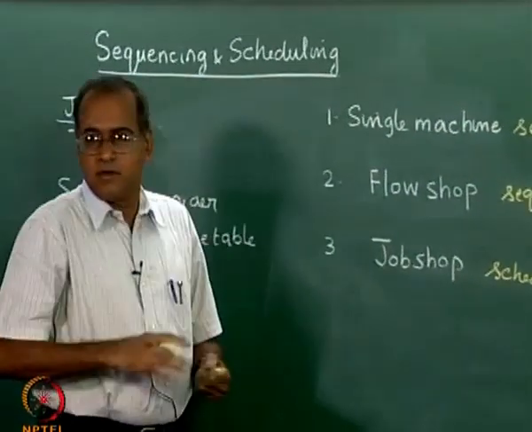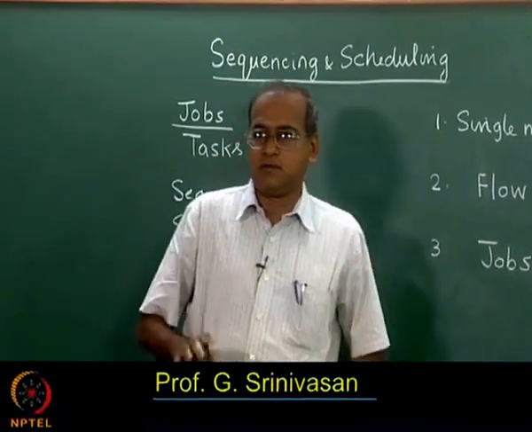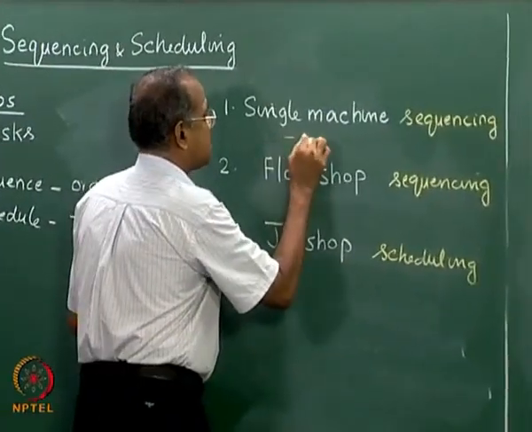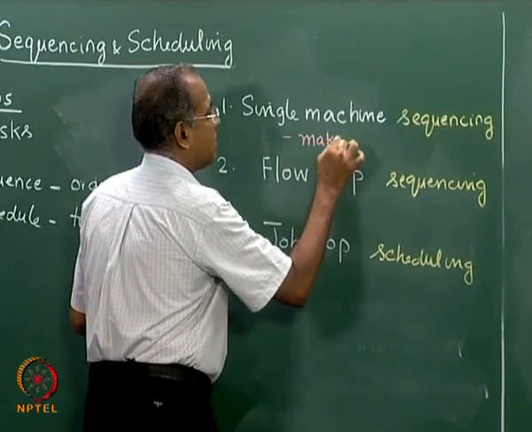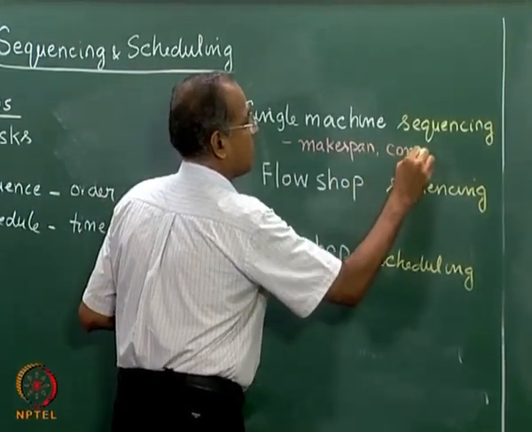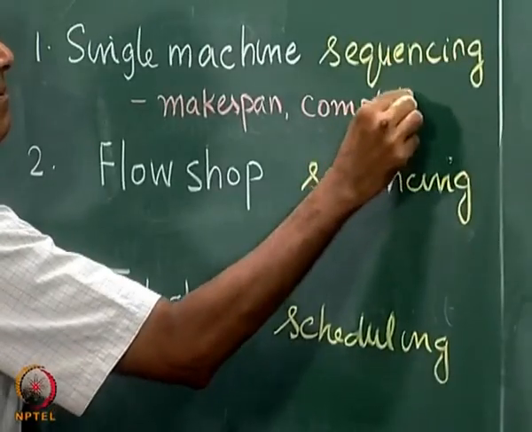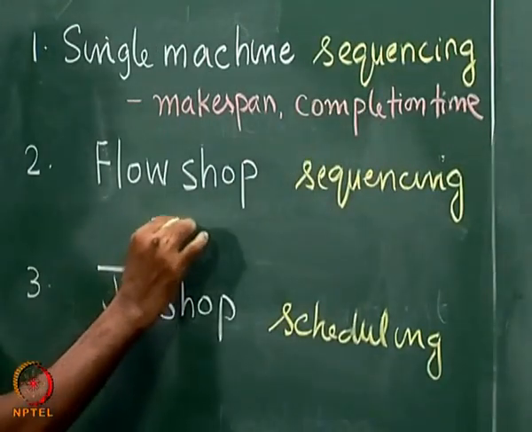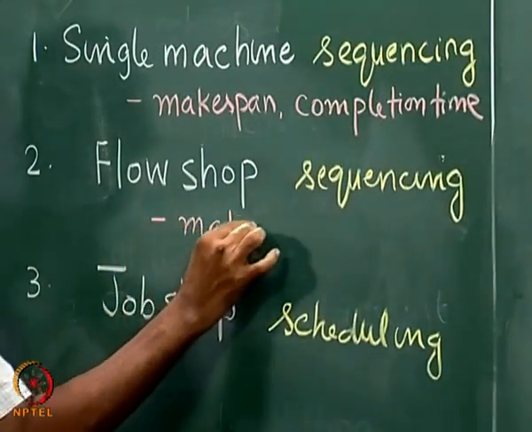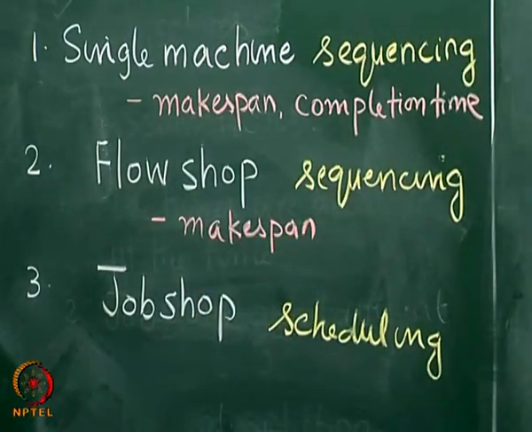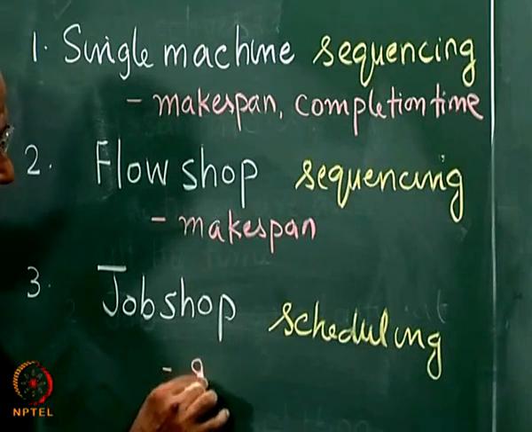We will also be seeing certain models in this lecture series. So we would look at single machine sequencing, and we would look at models that deal with make span and completion time. In flow shop we will see models for minimizing make span, and then in the job shop we will see models that minimize almost all objectives.